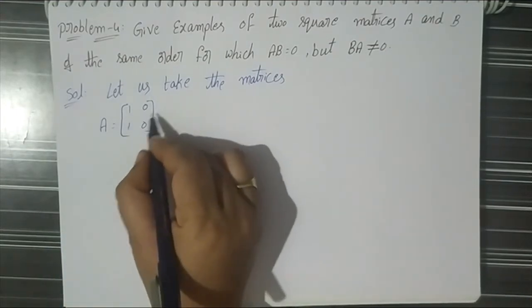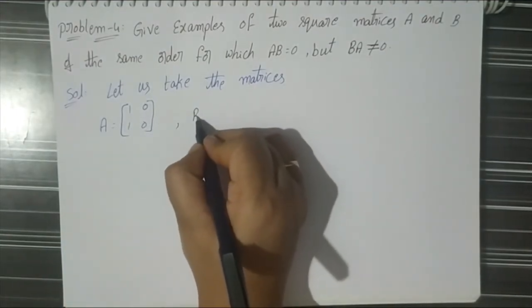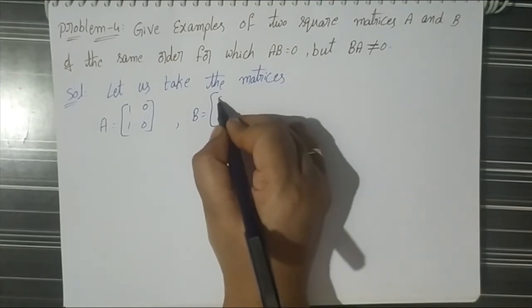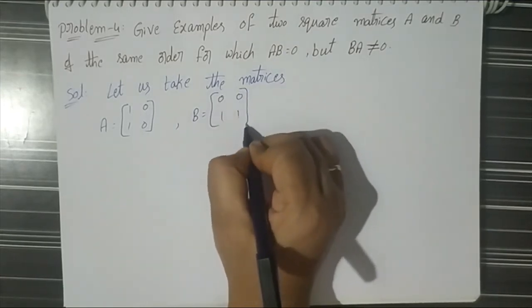A matrix is [1 0; 1 0]. B matrix, let it be [0 0; 1 1].